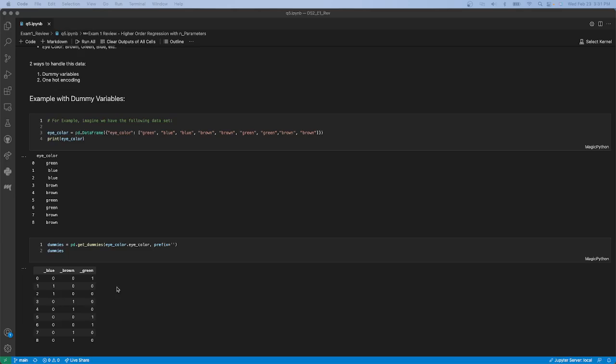So essentially, we've just expanded this out and created a unique column for each of the categories. And that's the idea with dummy variables. And this is a way to get around giving data that doesn't have any inherent ordering an ordering.